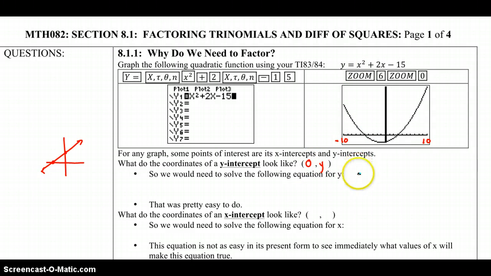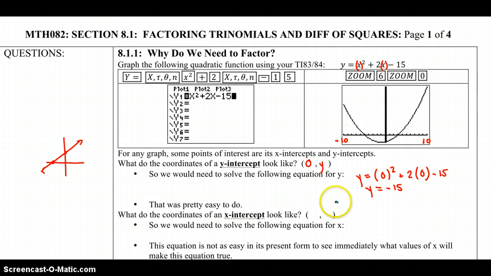Again, we're going to take our starting equation and put parentheses around just the variable before we substitute a value. So we get y equals (0) squared plus 2(0) minus 15. 0 squared is 0, and 2 times 0 is 0, and take away 15, we'd get -15.